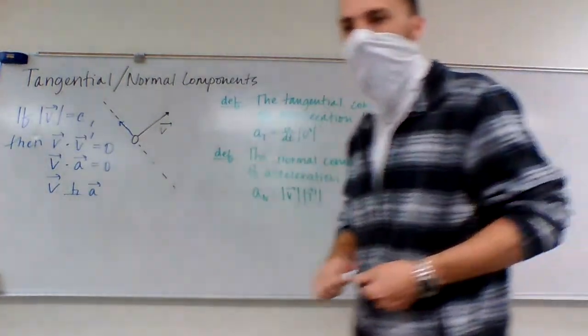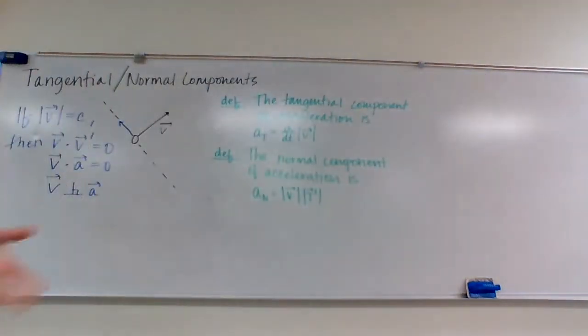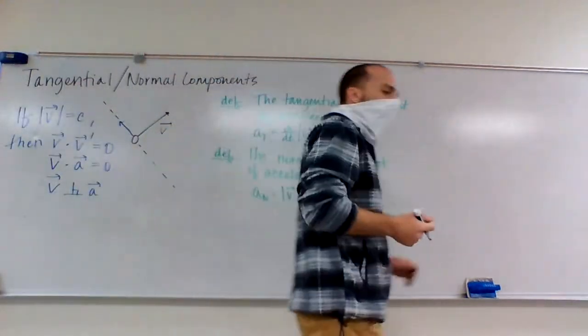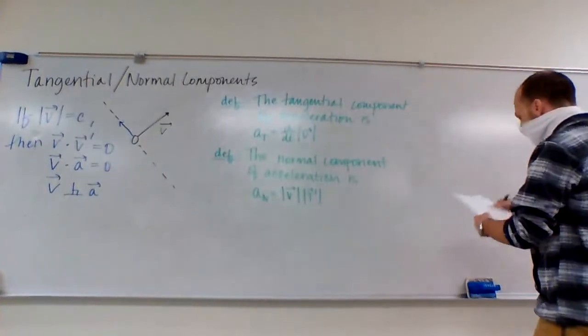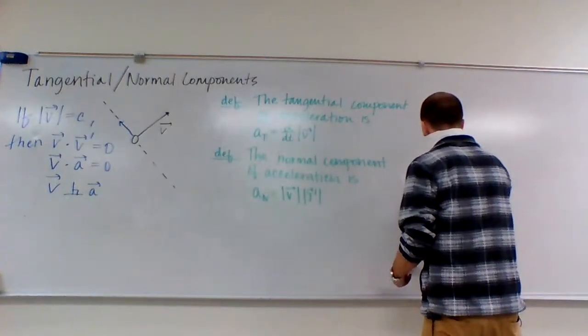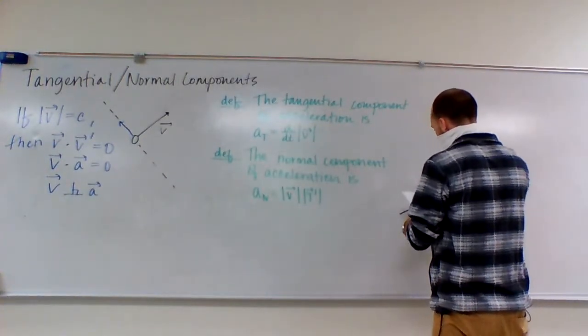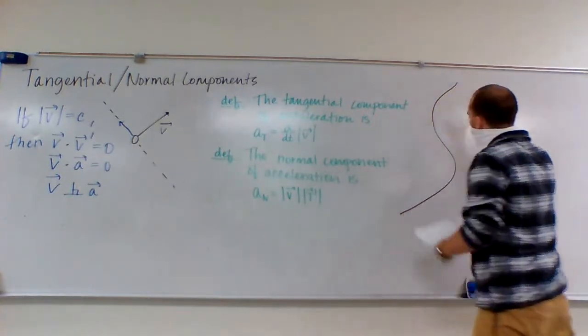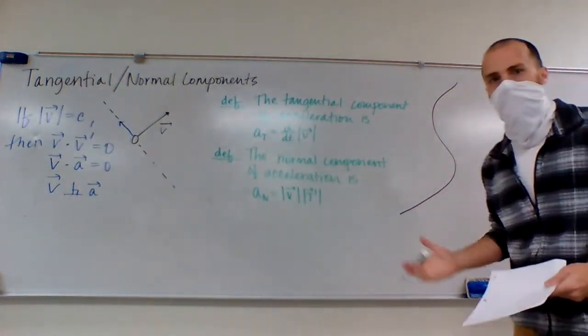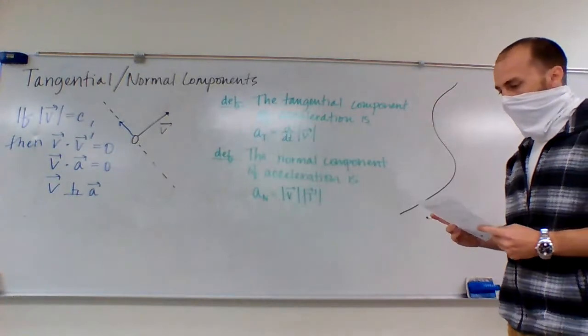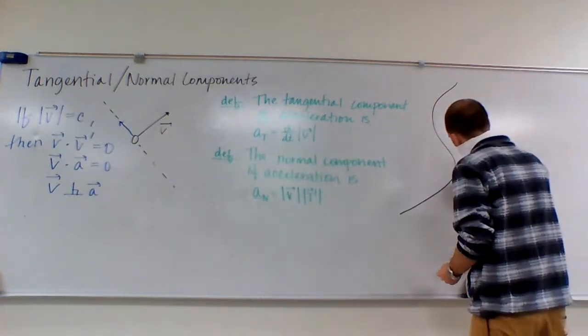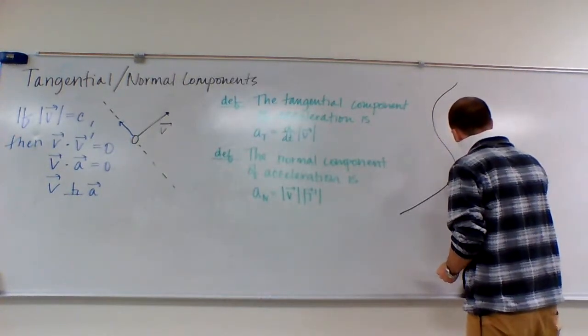So I'm going to say I've got a space curve, and I need to draw this carefully. I've got a space curve right here. And suppose that I've got a point of tangency right about here that I'm interested in.